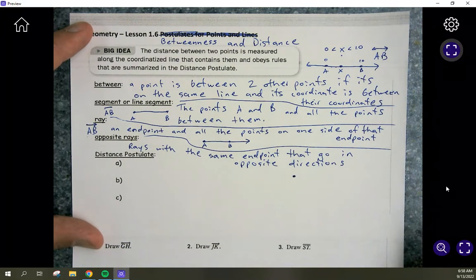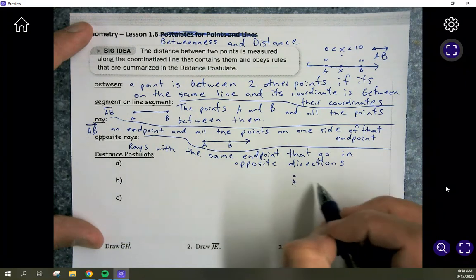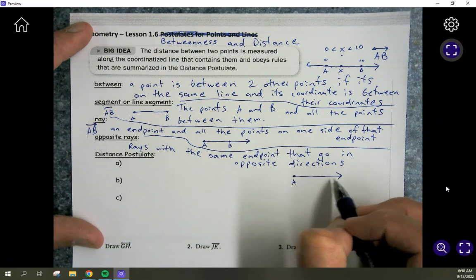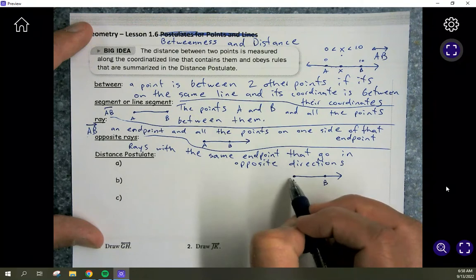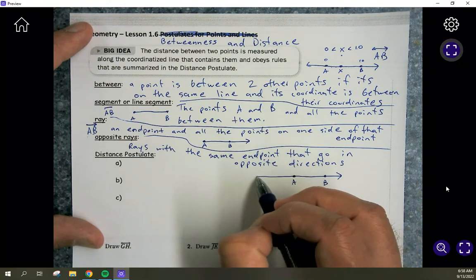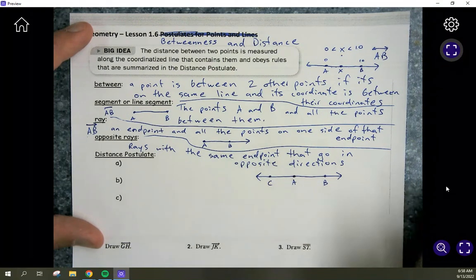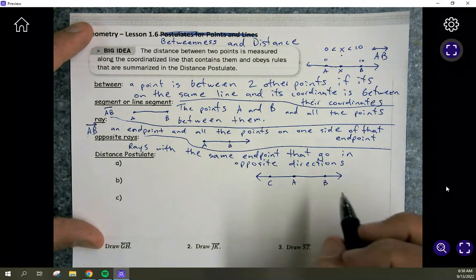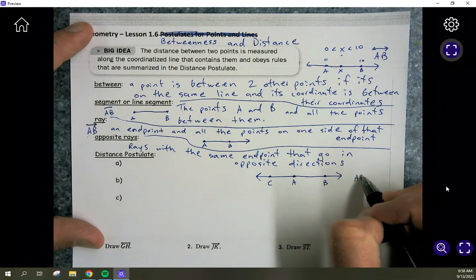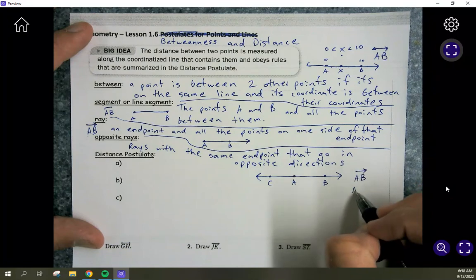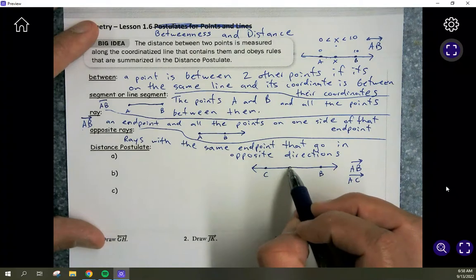So they're both going to start at the same spot, and we'll call this A. One goes this way. Let's call this B. And then another ray goes this direction. And let's just call this C. So if I was going to name the opposite rays here, it's AB and AC. Notice how both times I started with the letter A because that's the starting point.